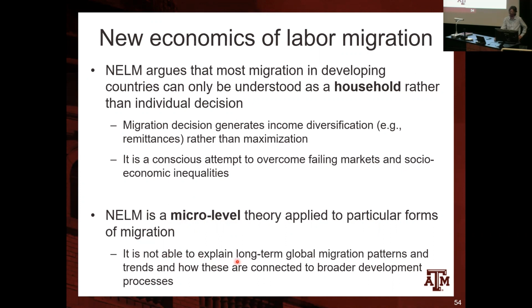It is not able to explain long-term global migration patterns and trends and how these are connected to broader development processes, because it's still a micro-level theory that's trying to understand not only individual decisions as the new classical, but household decisions. It does not look at structural inequalities that exist between areas and between countries.